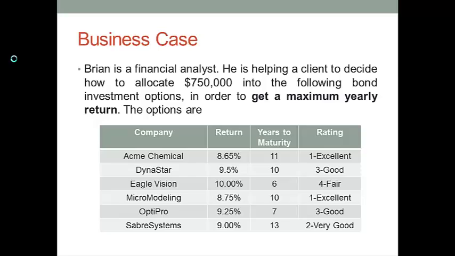They look at the historical performance of each bond or each stock and then give a risk rating. The smaller the rating is, the safer the investment will be. It's just the estimation of the risk factor.